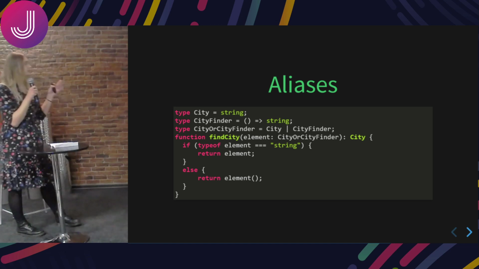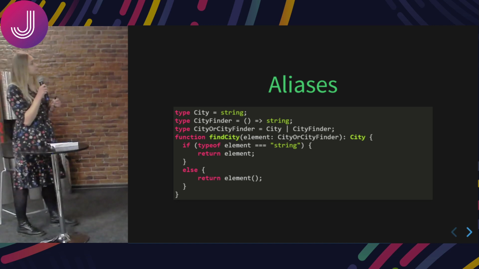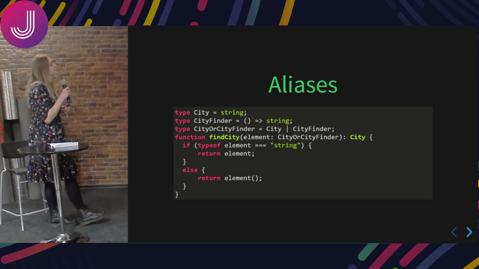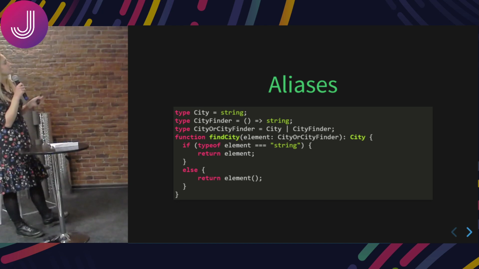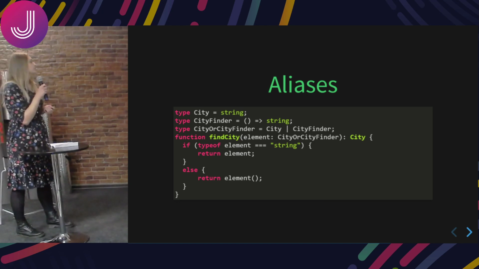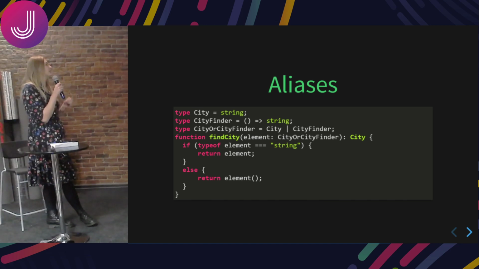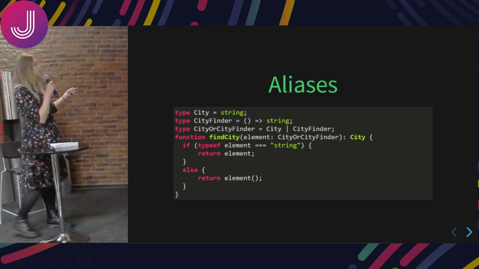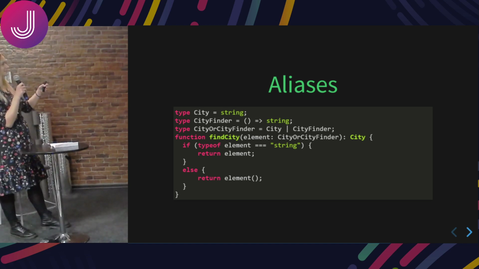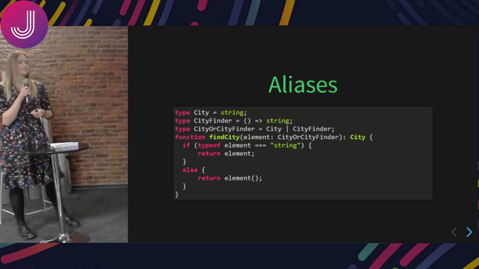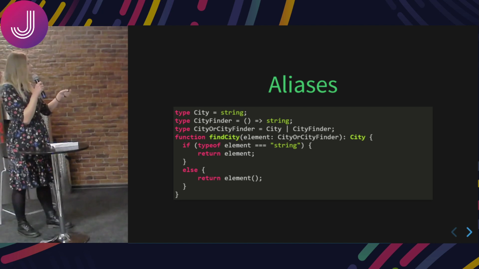For example, we create type city that refers to string, and type city finder, a function with a return type string again, and then we create type city or city finder, where or is used, and for the function find city, the return type is city, and a city will be returned. I mean a string will be returned, as it is called city here. So that's how we use aliases.